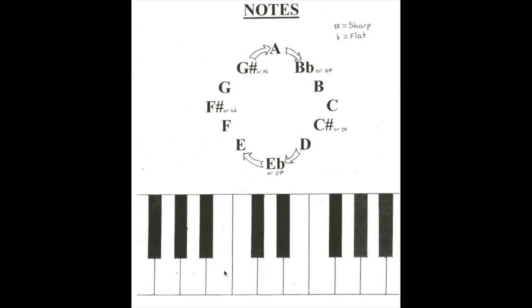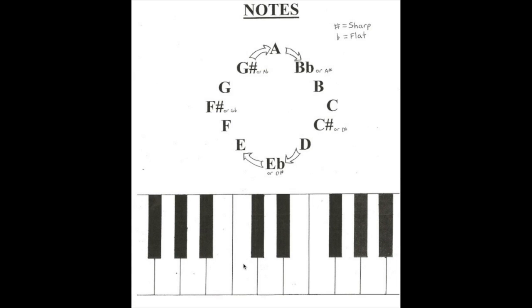Probably a bad example there because there's actually no sharp or flat. So if we were to flatten this note here, we would land on this black key here. So if we talk about, say, B flat, this key here happens to be B, making this B flat.